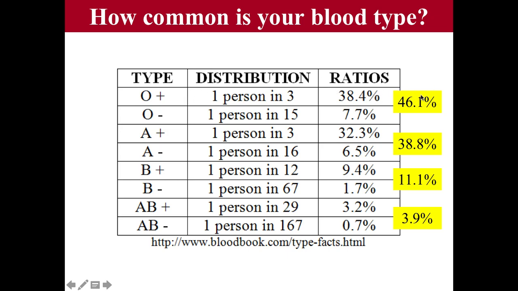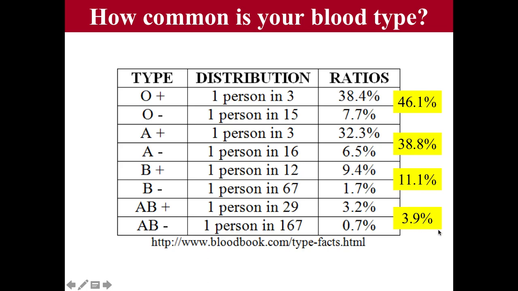It is very common, almost half the population. Type A comes in next at about 38.8%. Type B is a little bit over 11%. And then type AB comes to about 4%. So type O is the most common. Type AB is the least common.